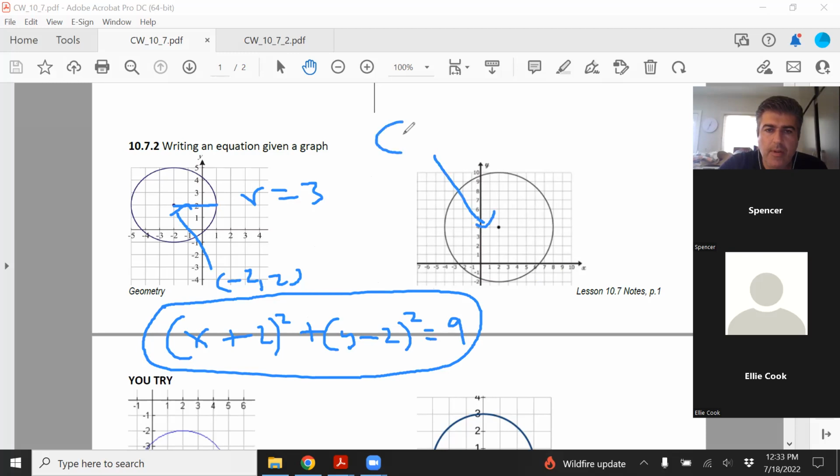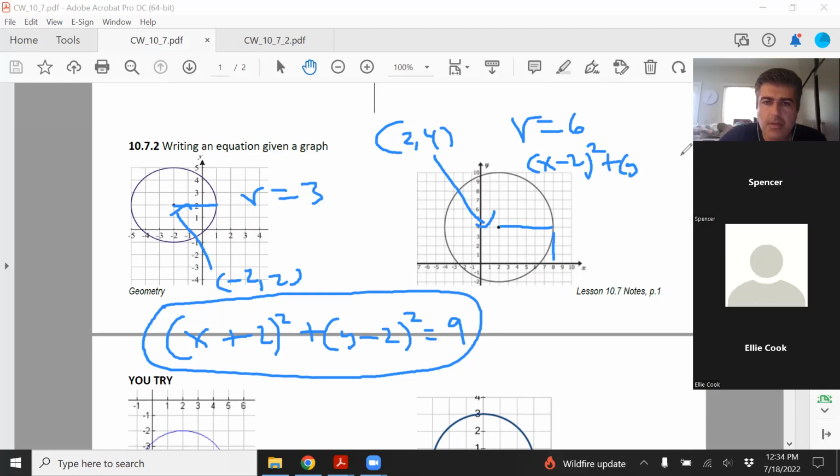The center here is at 2, 4. The radius is going to be 6, I think. Yep. So, yep, that's that one.